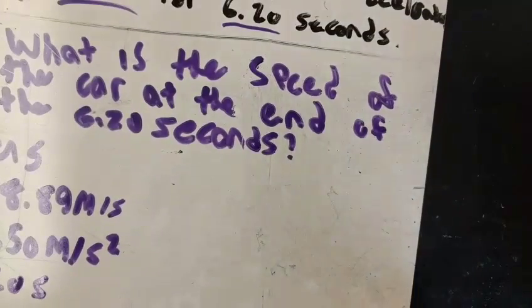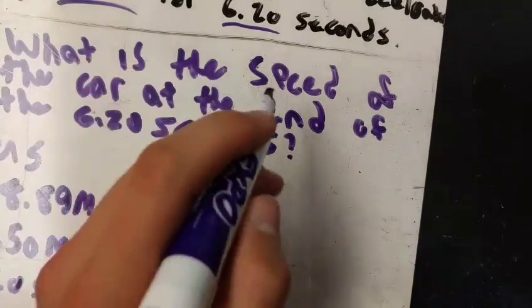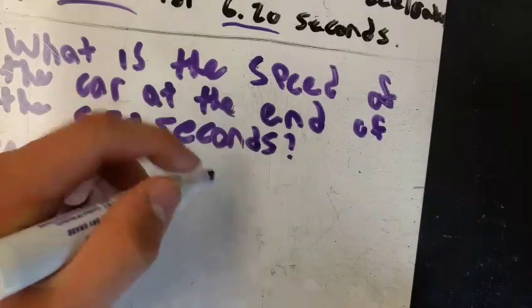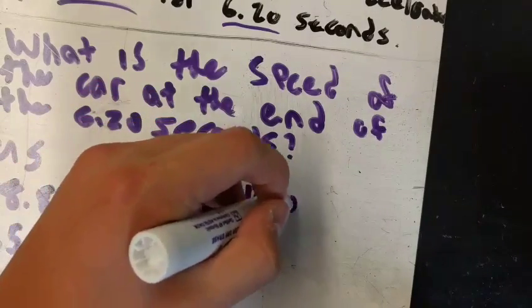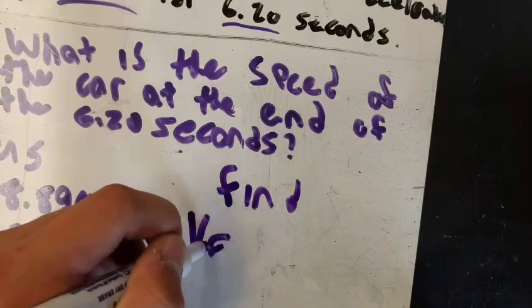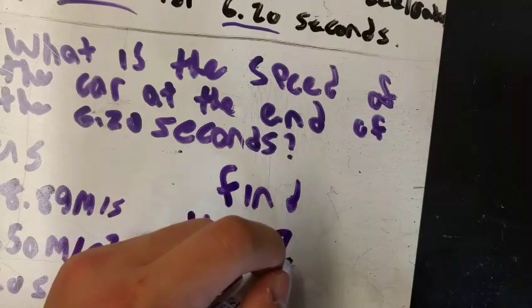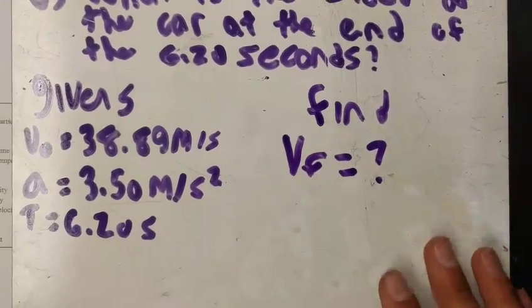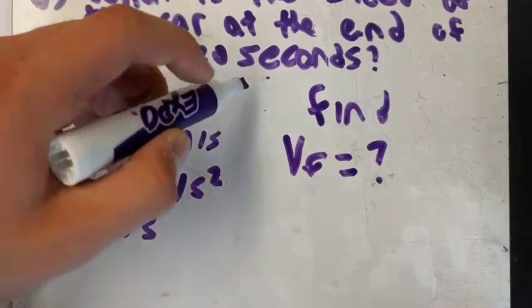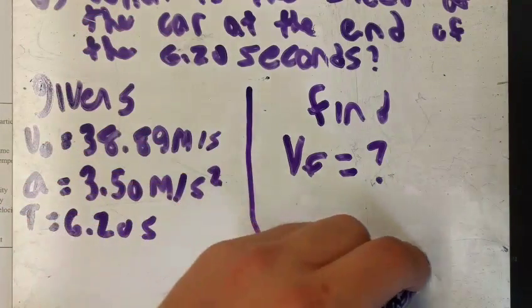And our find is the speed of the car at the end. So we know that our find is going to be velocity final is equal to question mark. So I'm going to separate these just so it doesn't get confusing.